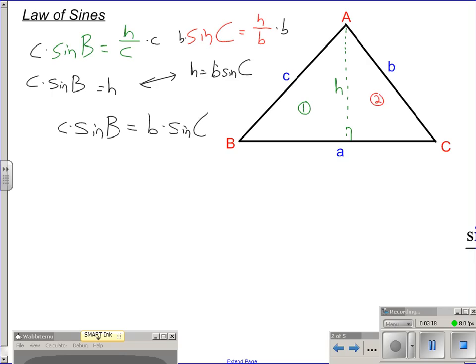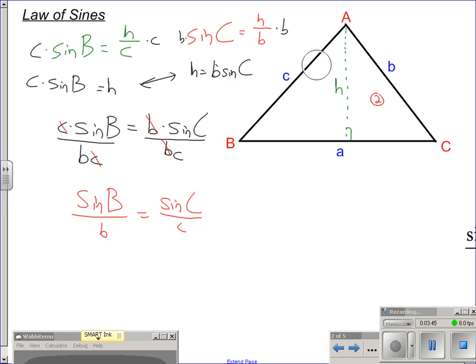What I'm going to do is kind of a weird step, but just follow along. I'm going to divide both sides by BC. The B's cancel out here, and the C's cancel out on this side, giving us this nice clean proportion: sine of angle B divided by side B equals the sine of angle C divided by side C. If we go back to the original triangle, sine of angle B is being divided by its opposite side.